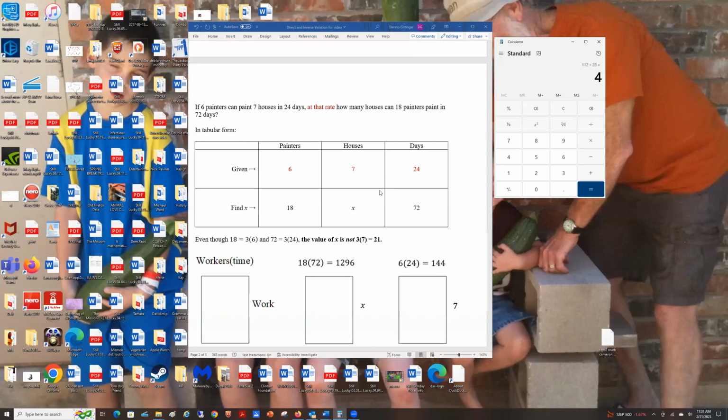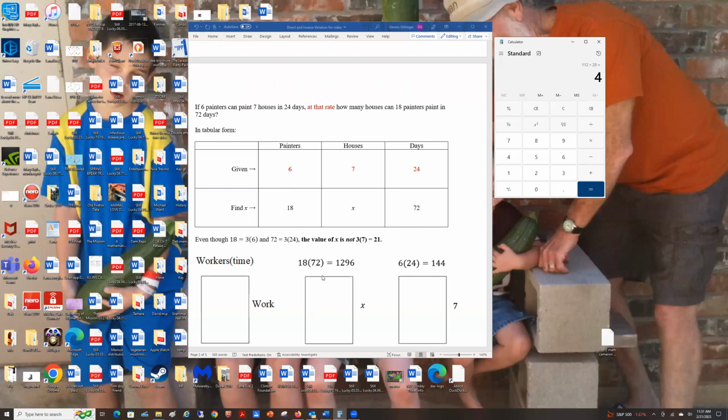And again, the workers times the time, 6 times 24 divided by 7 must equal 18 times 72 divided by X. That's how proportions work.